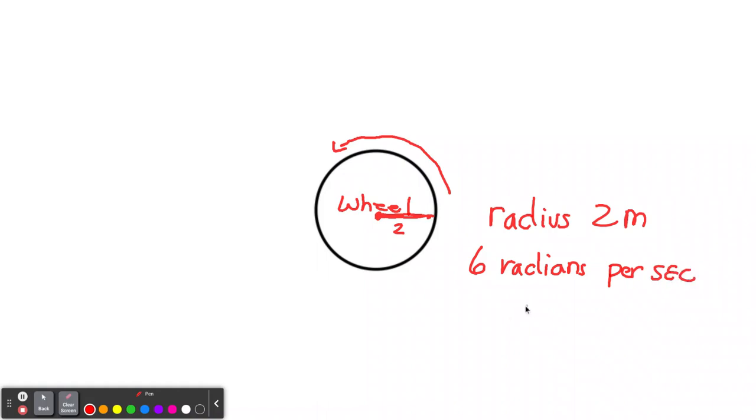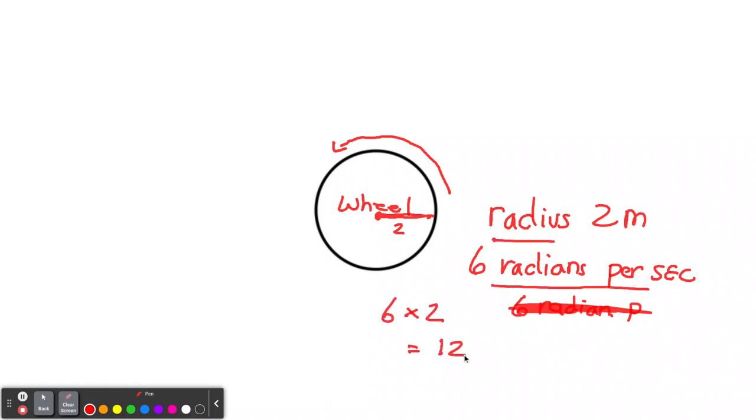In other words, you can say it like this, meters per second, let's say. 6 radians per second, right? Well, I just wrote that, right? I'll say it again. And let's say that the speed, if we want to find the speed, all we have to do is just times the 6 radians per second by the radius. 6 times 2, which will give us 12 meters.